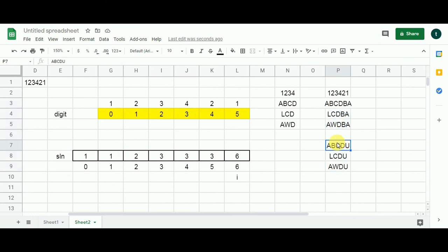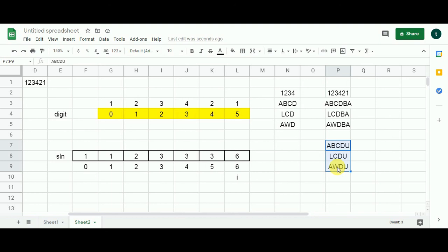That means these decodings to these decodings, because when you add the new alphabet to the already existing decodings of the previous problem, you are going to get new decodings, and that is why we were adding the value of the cell represented by I minus 2. This is the logic behind it.